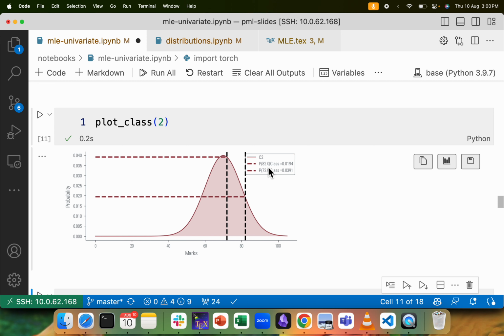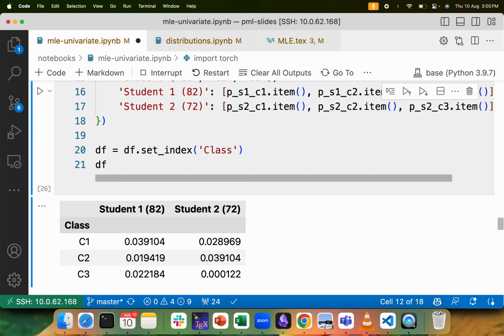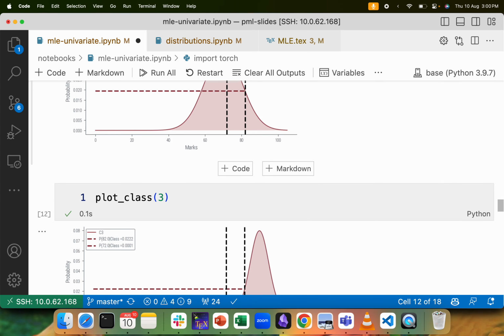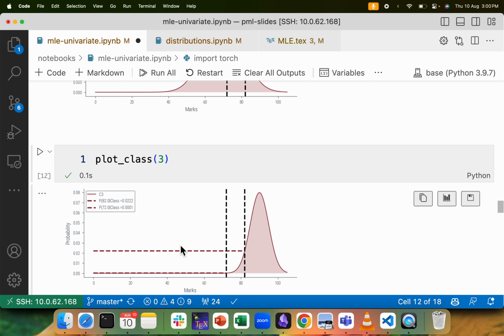Similarly I can do that for class 3. But for class 3 these numbers are very, very small because the mean is very far and the standard deviation is very low. So it's very unlikely that these students were from that class.